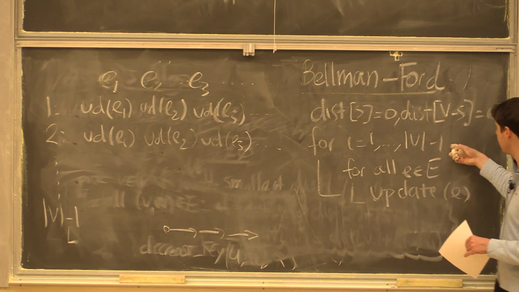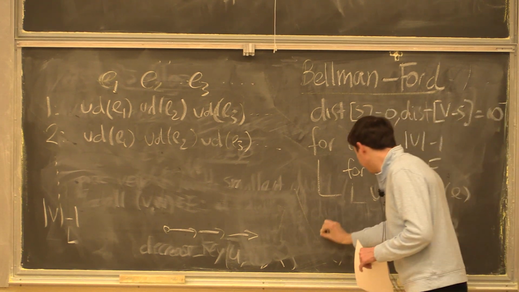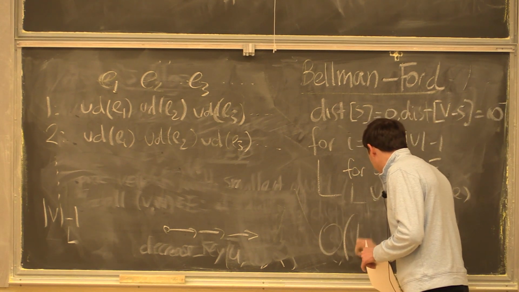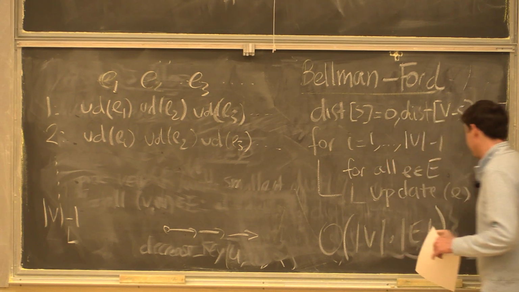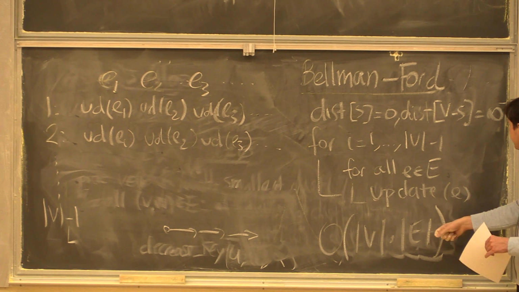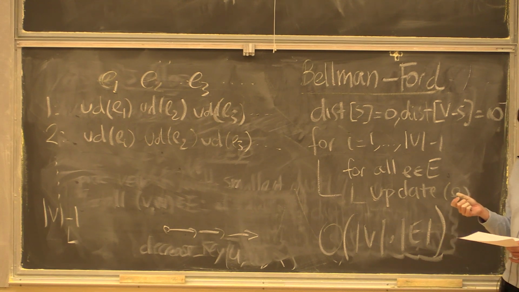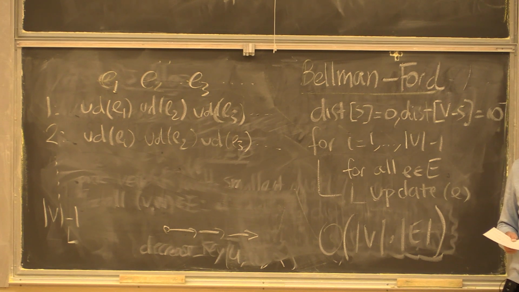Because the one loop is V, and the other loop is E, right? So the running time of Bellman-Ford is order of V times E, OK? It's pretty direct accounting. Notice that it is significantly slower than Dijkstra, we're also solving a harder problem, so that's okay maybe, right?